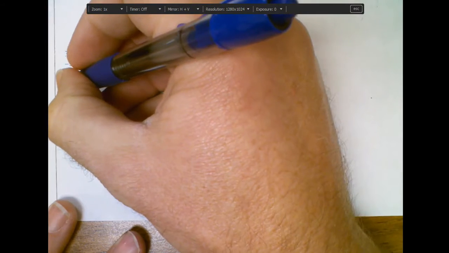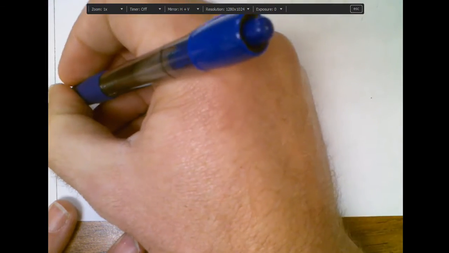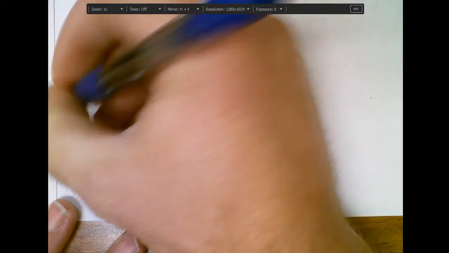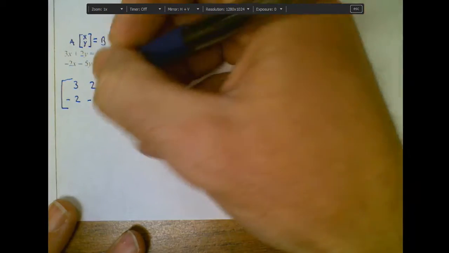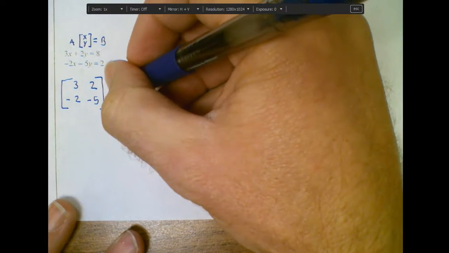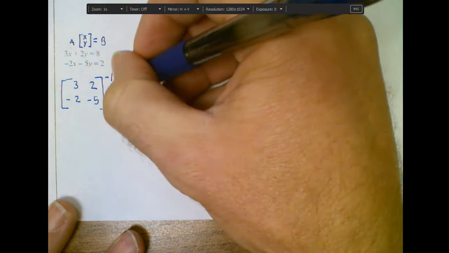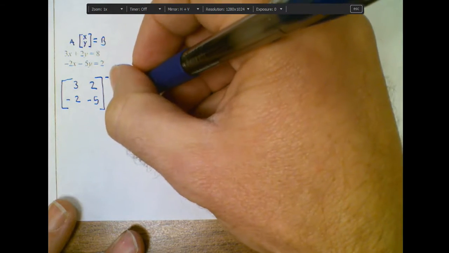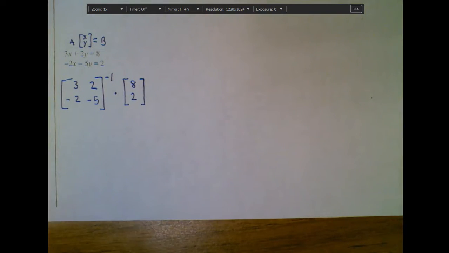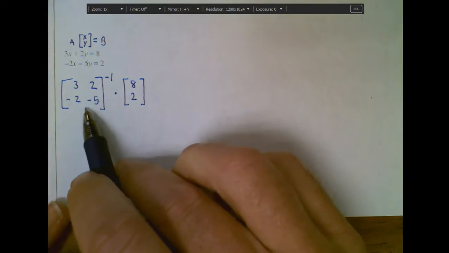So if I take the 3, the 2, the -2, and the -5, that is matrix A. And we're going to find the inverse of that, and we're going to multiply it times matrix B, which is the constants on the right. And that's going to give us our solution for x and y. So let's find the inverse of this guy.